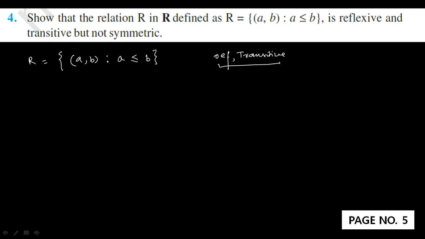These two conditions should be there. And what about the third one? This relation is not symmetric. We have to prove this one. Okay.